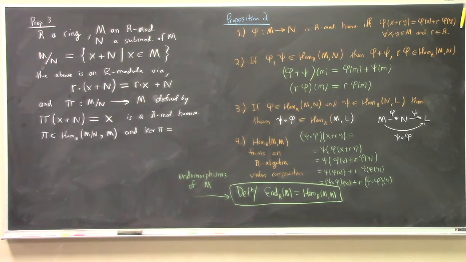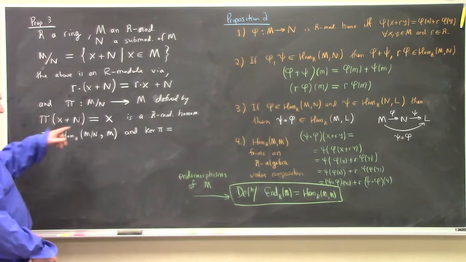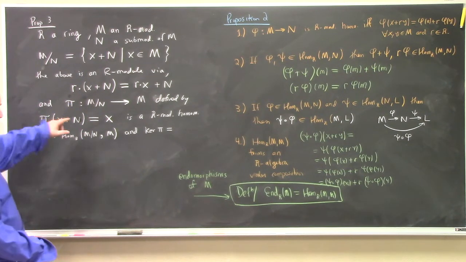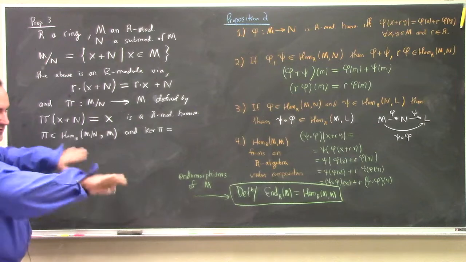What is 0 in the quotient? What's the idea of the quotient? M mod N is a way of formalizing the concept that everything in N we're treating as 0. Everything in N, as in N, not to be confused with M. So the kernel is just N. It's the thing we're squashing.